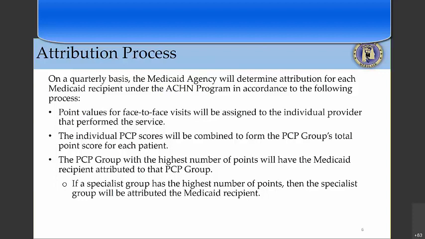The individual PCP scores will be combined to form the PCP group's total point score for each patient. The PCP group with the highest number of points will have the Medicaid recipient attributed to that PCP group. If a specialist group has the highest number of points, then the specialist group will be attributed the Medicaid recipient.